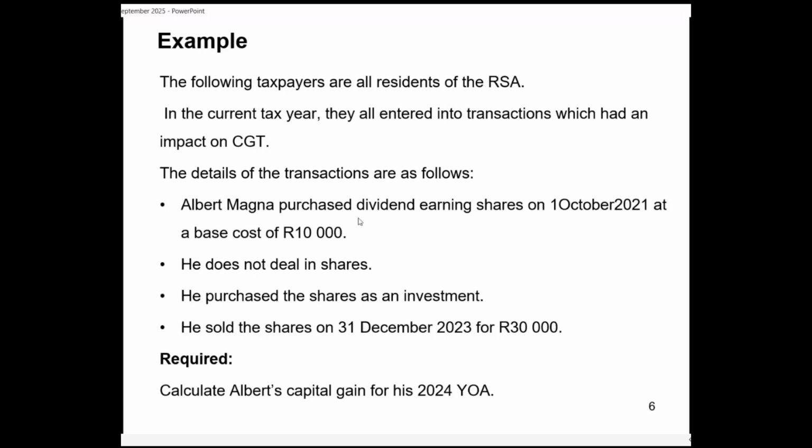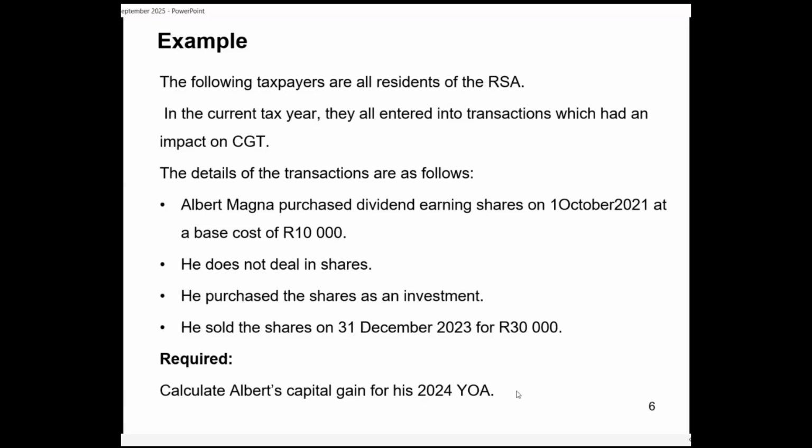Albert, the taxpayer, purchased dividend-earning shares on 1 October at a base cost of 10,000. He does not deal in shares; he purchased the shares as an investment. He sold the shares on 31 December 2023 for 30,000. Calculate the capital gain for his 2024 year of assessment.